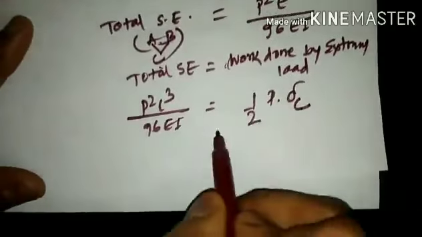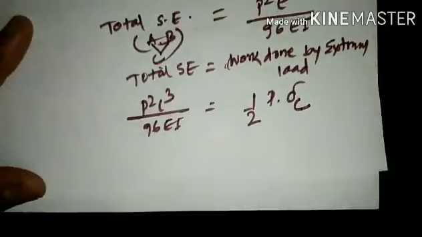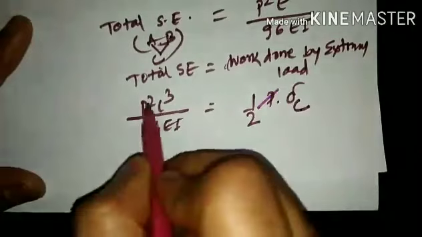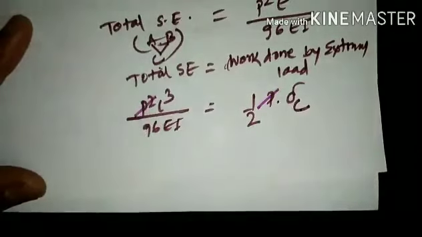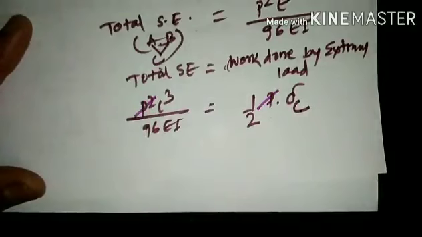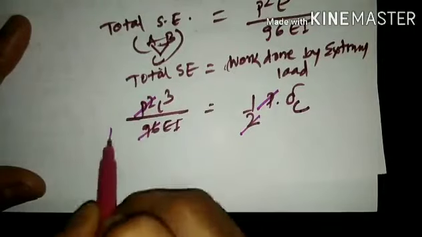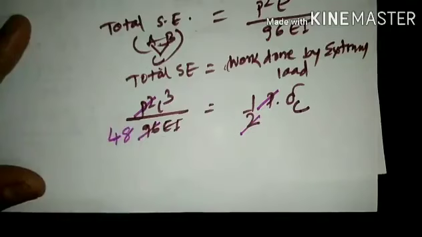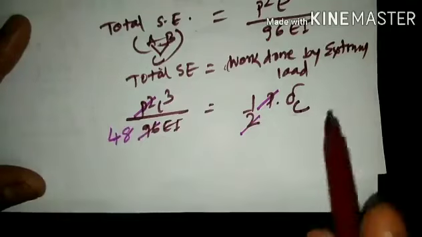So reframing this equation, P and P get cancelled. P on the left hand side, P on the right hand side get cancelled. So what will be left out here is, similarly, 2 in the denominator and 96 in the denominator get cancelled. Once 96 gets cancelled, the left out denominator part is 48.